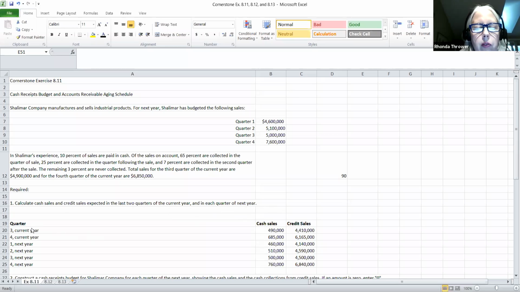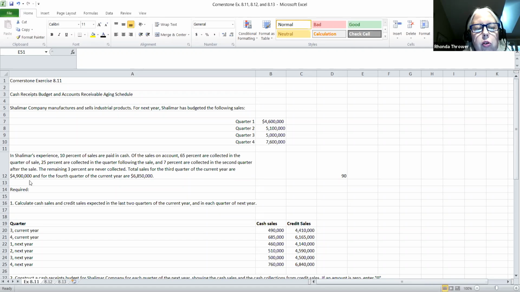So they set this up as a table, with the quarter listed. You're going to be looking at the third quarter of the current year, and you want to figure out the cash sales. They told you that 10% of the sales are cash sales.